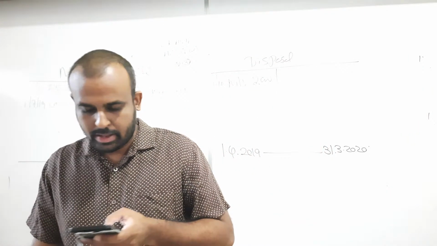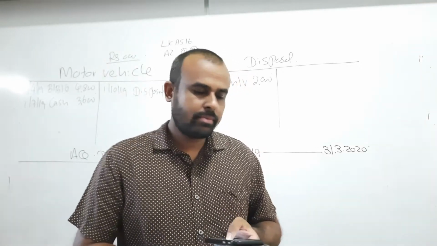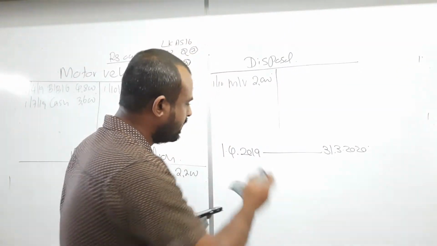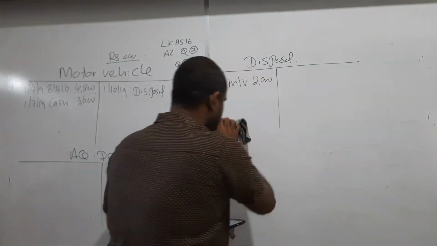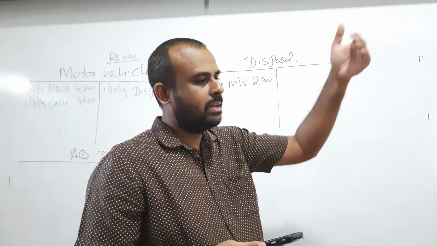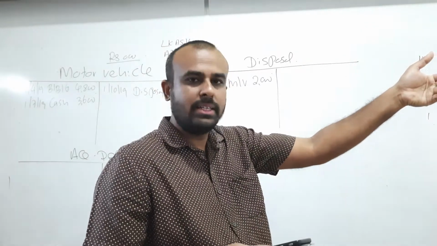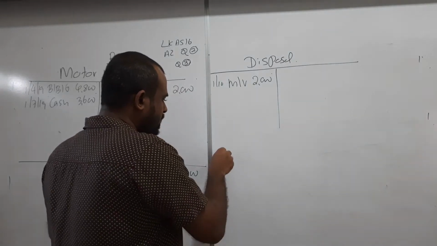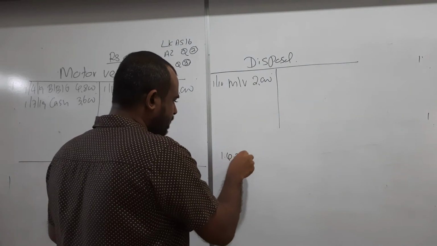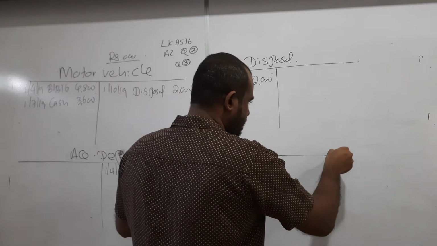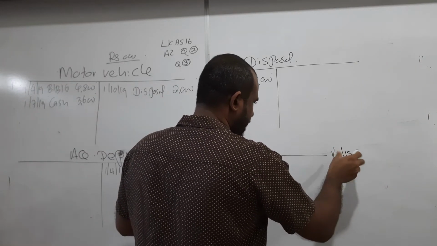Yes. What is next? Once you remove the cost, the second step is removing the accumulated depreciation. Accumulated depreciation means the depreciation you made from the date of purchase to the date of disposal. The date of purchase according to the question is 1st April 2017, and the date of disposal is 1st October 2019.